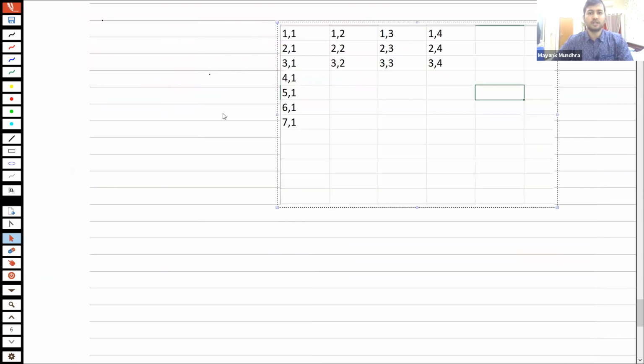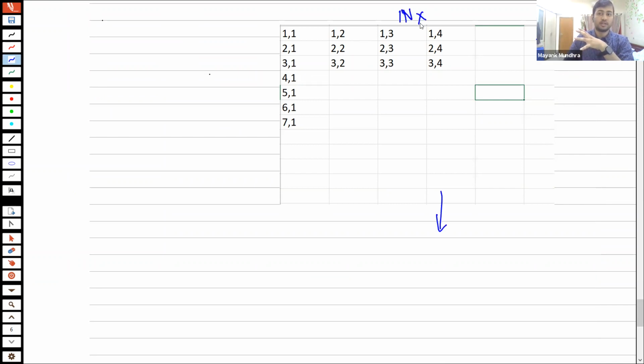So you can construct a one-to-one onto map. This entire thing going till infinity here and going till infinity here is my Cartesian product n cross n.